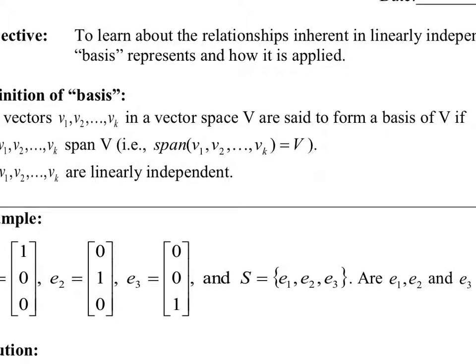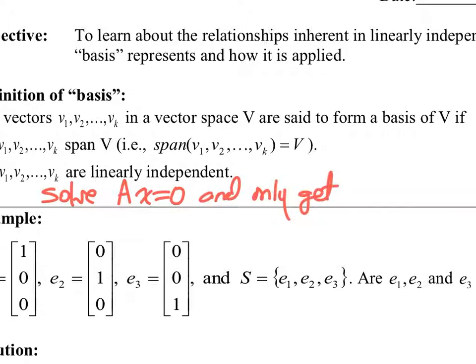So for the homogeneous equation, solve Ax equals 0 and only get the trivial solution.